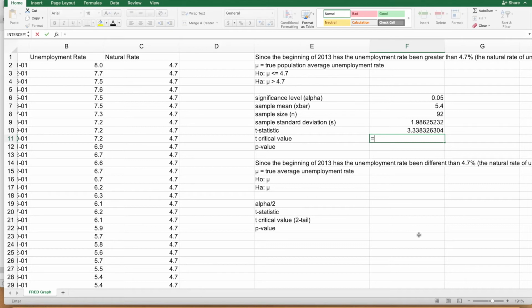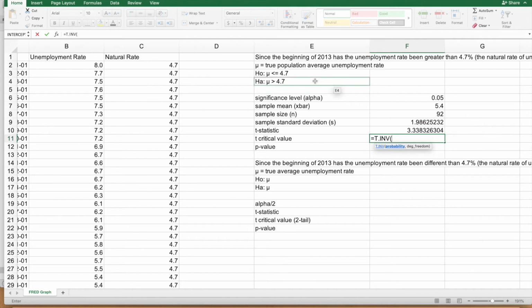So to get this, we're going to use equals t.inv, because right now we want to feed a probability or a significance level into a function, and it's going to spit out a t value. Now we have to be a little bit careful here, because these functions always think about the probability to the left.